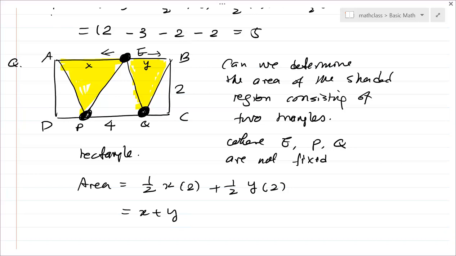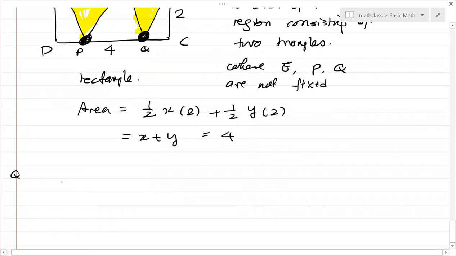So this is always equal to 4. Look, add them together and it is the total length between A and B. So that's always true. Done. So this is a proof, okay? It is always equal to 4. It doesn't matter where the location is.